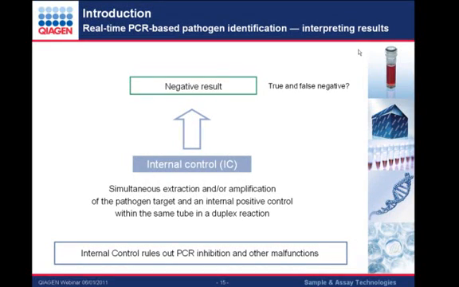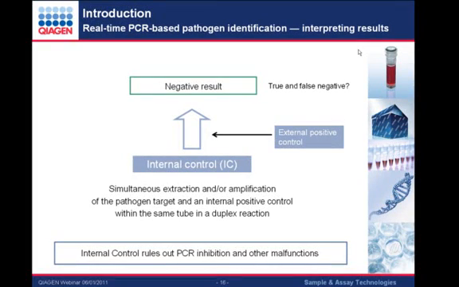The more practical and efficient way to control for inhibition and for other malfunctions is the inclusion of an internal control, meaning the simultaneous extraction and/or amplification of the pathogen target and an internal positive control within the same tube in a duplex reaction, and doing this for every sample. By using an internal control, PCR inhibition and other malfunctions are ruled out.